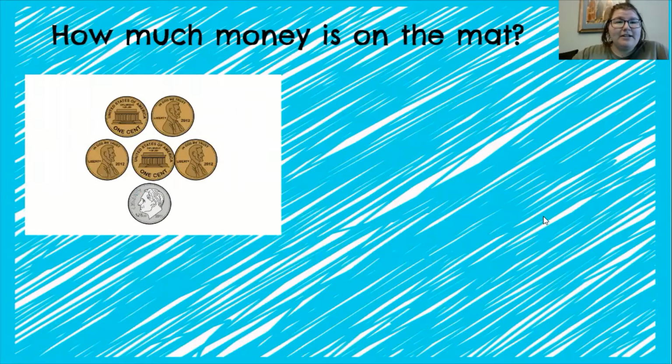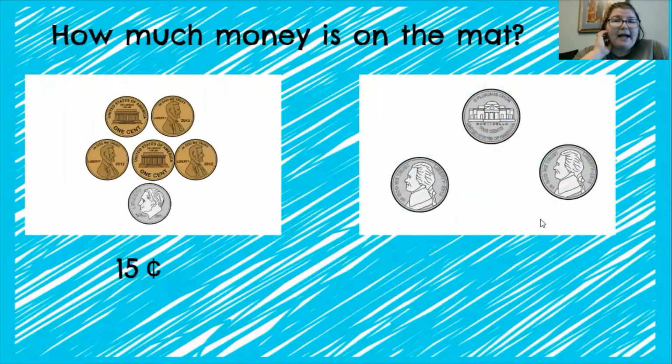So we're going to start out by thinking about how much money is on this mat. I'm going to give you about 15 seconds to think about how much money is shown on this mat. So I counted 15 cents on this mat.